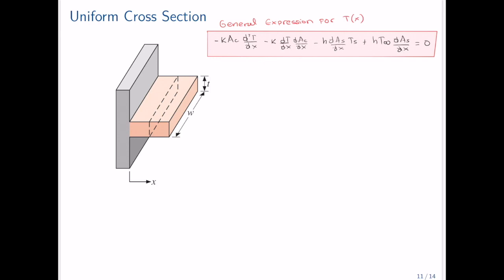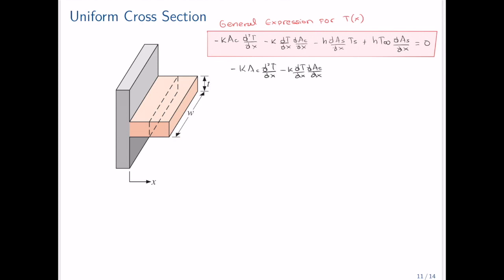And let me rewrite a couple of things. So I'm going to take these two terms and I'm going to factor h dAs dx. I'm going to put this back together. So we have minus k/Ac, the second derivative of T with respect to x, minus k dT/dx multiplied by the derivative of the cross-sectional area with respect to x.